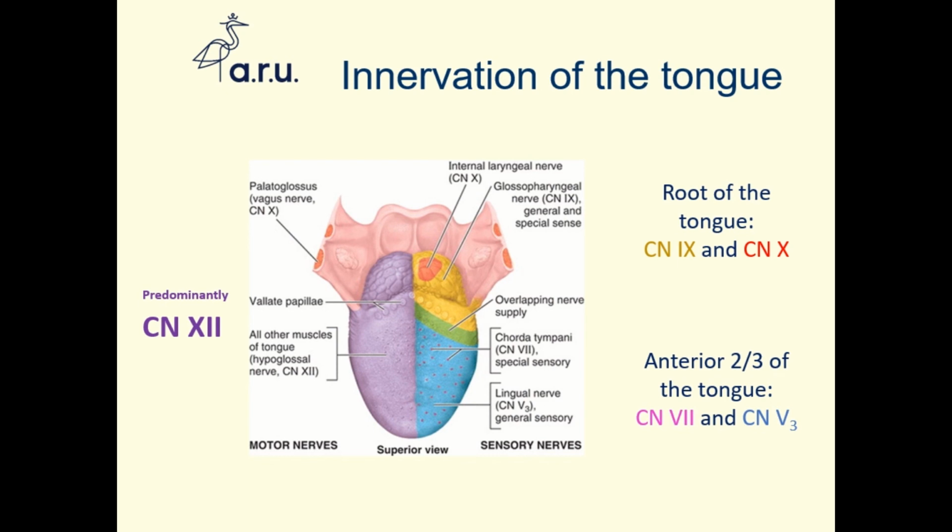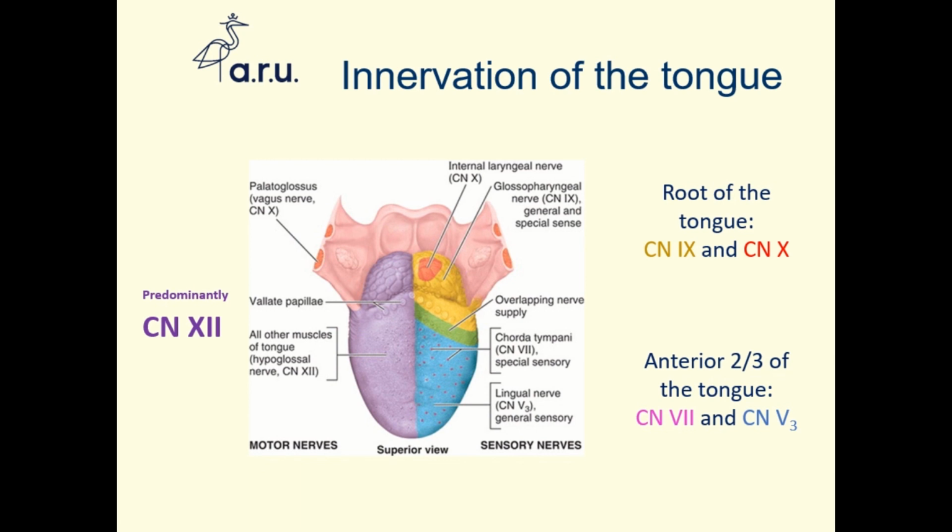The general sensory innervation relates to the sensory perception of touch, pain, and temperature. So basically those sensations which can be perceived in any part of our body, and for that matter in the tongue as well, right? So we've got general and we've got special sensory innervation of the tongue.